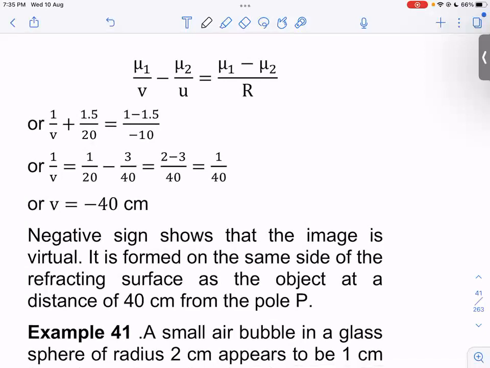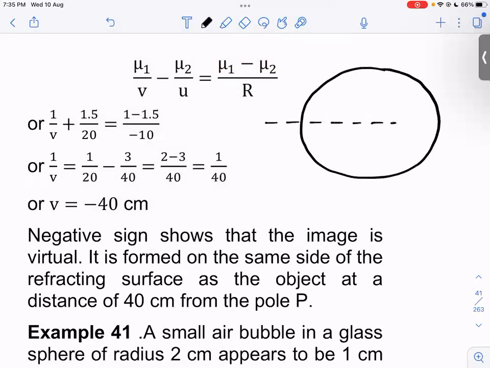You read the question carefully. You have a sphere, right? This is the diameter of the sphere. So this is the center. I'll call the center C, for instance.